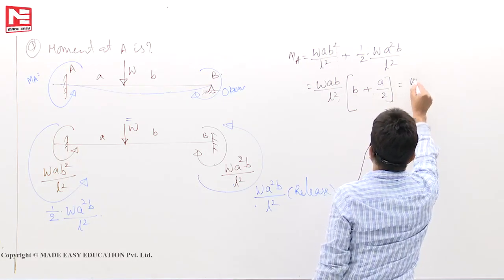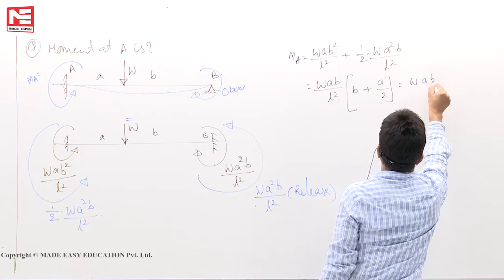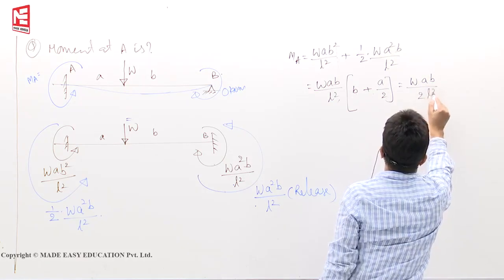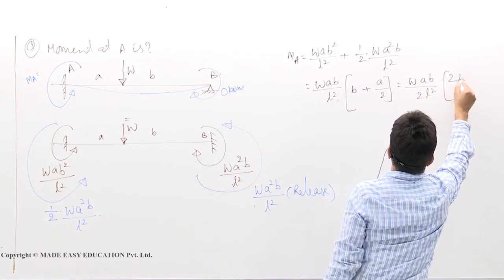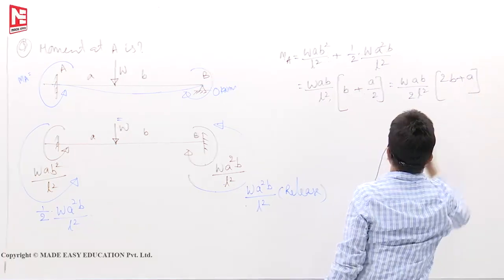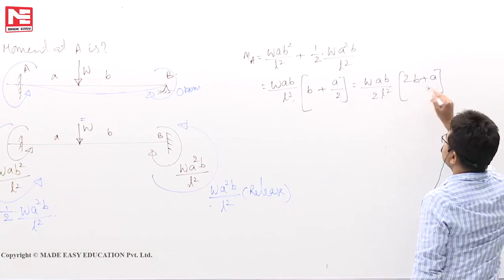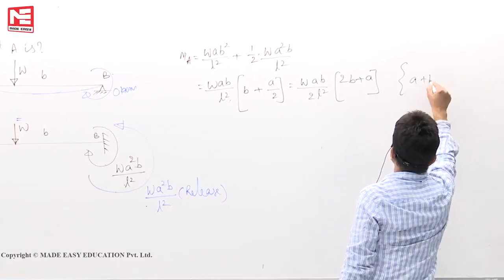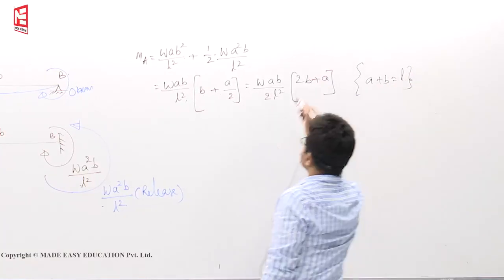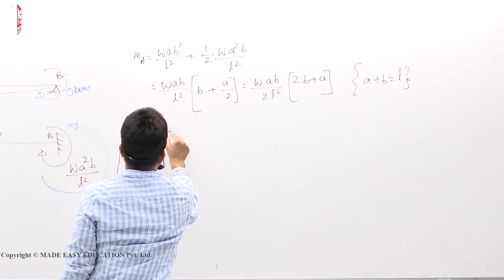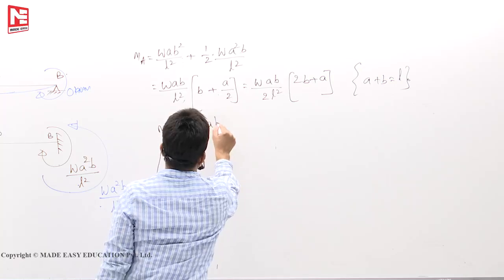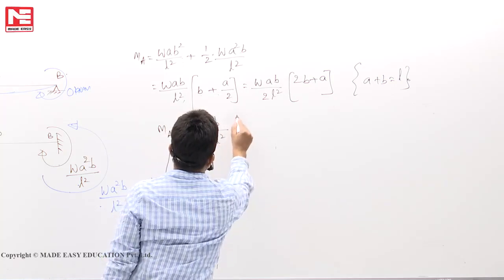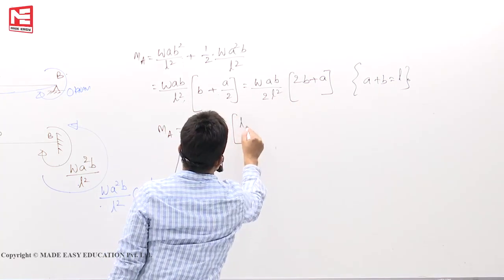So this we can write, 2 as common factor if I take it out, WAB by 2L square into 2B plus A. A plus B is nothing but L. So this we can write as MA is equal to WAB by 2L square into B plus A, which is L plus B.